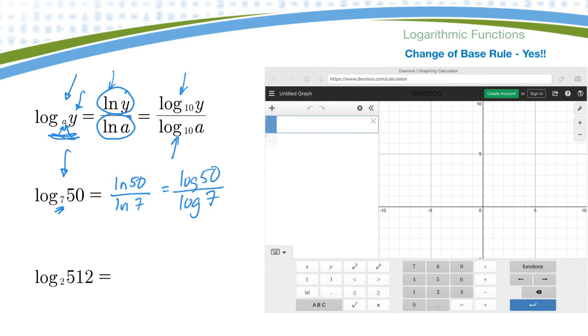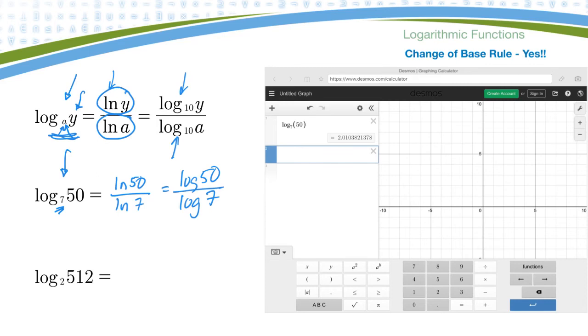Let me try them over here and just see if that works. Okay, so let's first do the fancy one. So log base A, so we're using base 7 of 50. Sure enough, it's 2.01. But let's try and use the change of base formula.